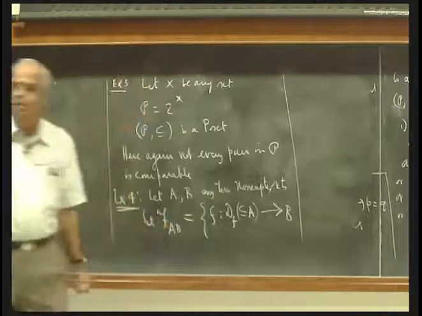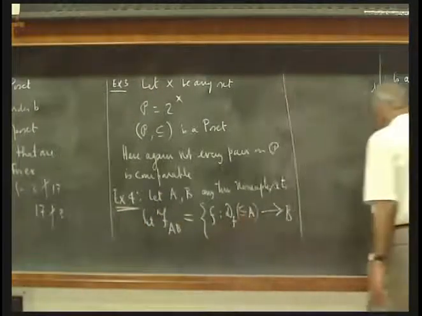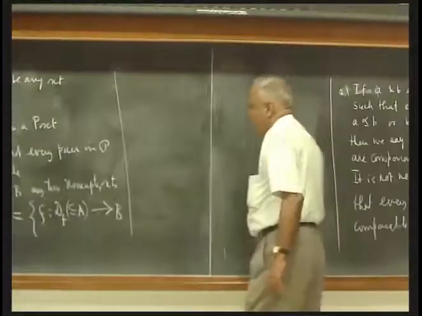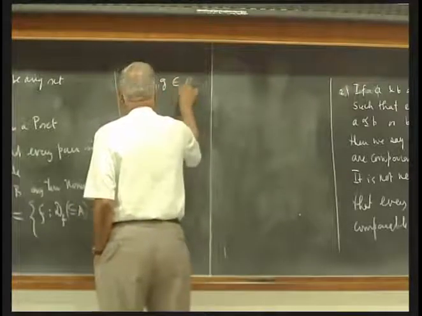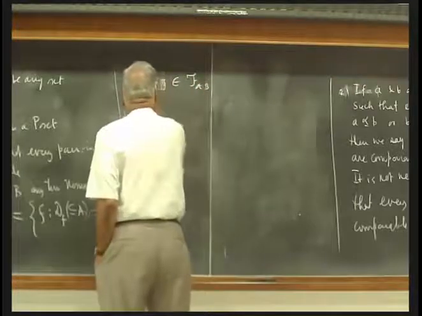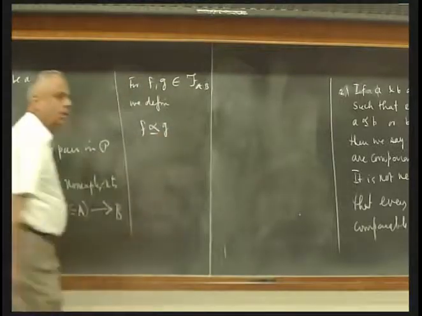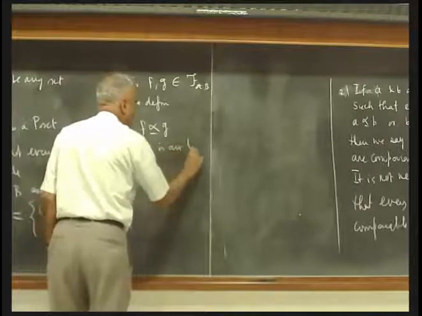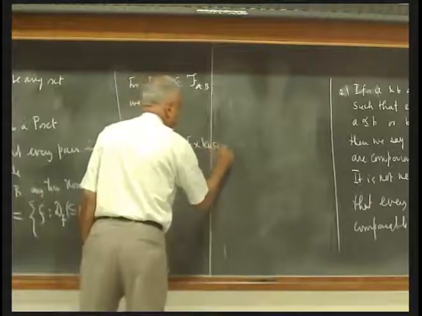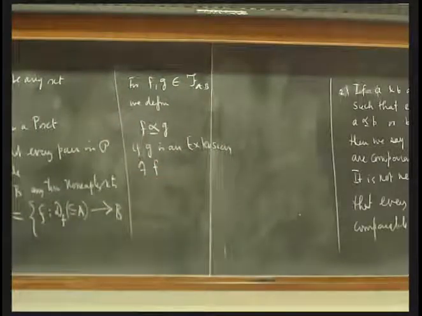So take the collection of all such functions, then the natural partial order you will have is, remember on the first day we talked about extensions, or restrictions. So for F, G belonging to F_AB, we define F is related to G if G is an extension of F. What is meant by extension?